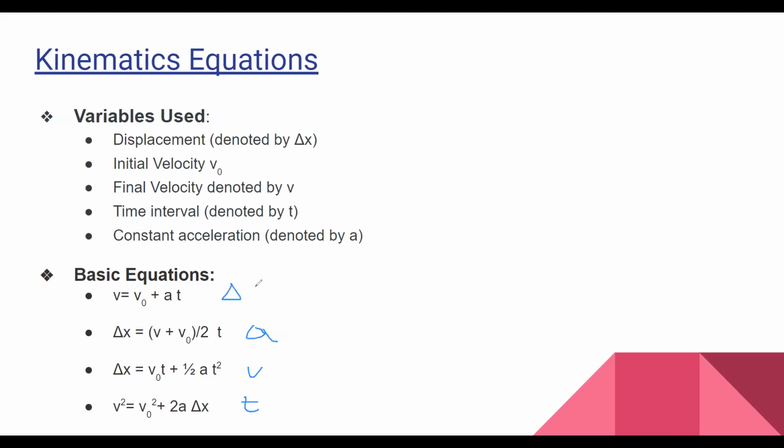Each equation has a variable that is switched out and doesn't tell you anything about that variable. So it's important, if you're given a problem that needs the kinematic equations, to properly assess which variables you are given and which equation to use to find your unknown variable.